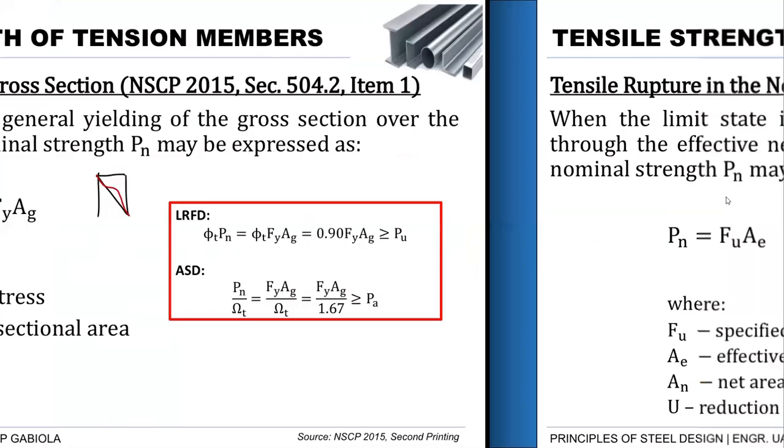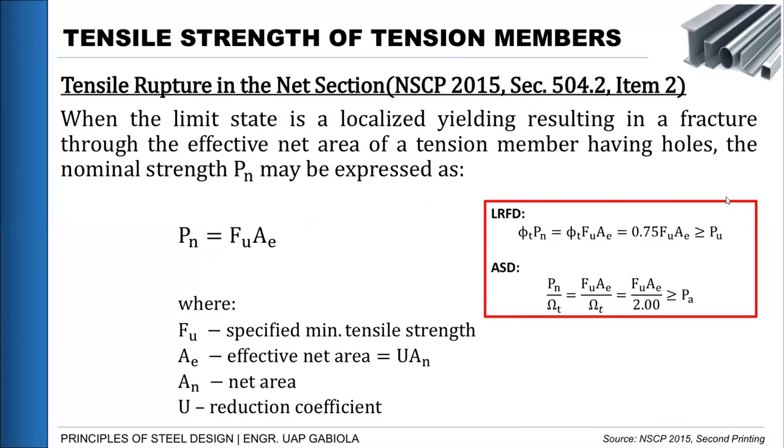Next, for tension rupture in the net section. Okay? So, kapag naman yung limit state is a localized yielding resulting in a fracture through the effective net area ng tension member natin having holes, the nominal strength daw is given as follows. Ngayon, ang gusto naman niya, Fu. Mapaabot hanggang Fu. Kasi paano bang nangyayari dun sa mismong section natin, meron tayo ditong mga butas, and then, kapag nag-rupture siya, pwedeng ganito yung maging failure niya.